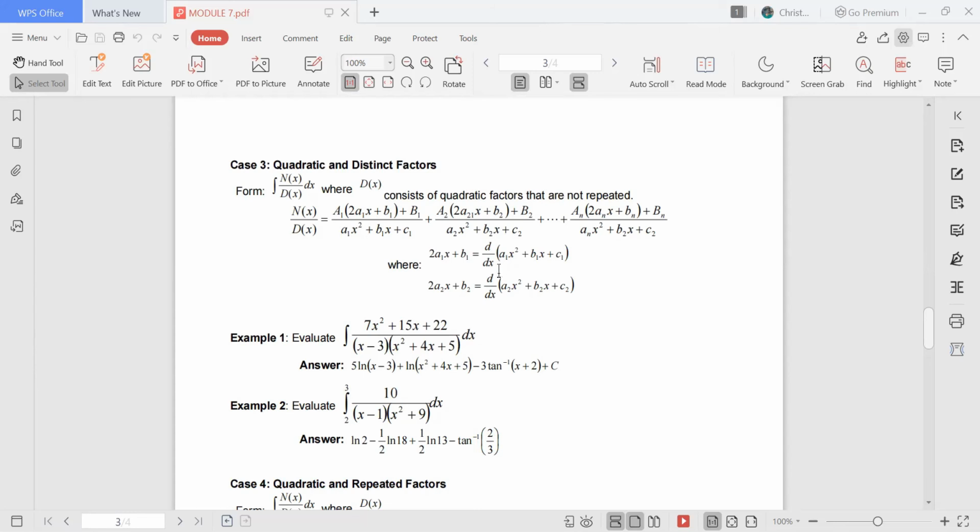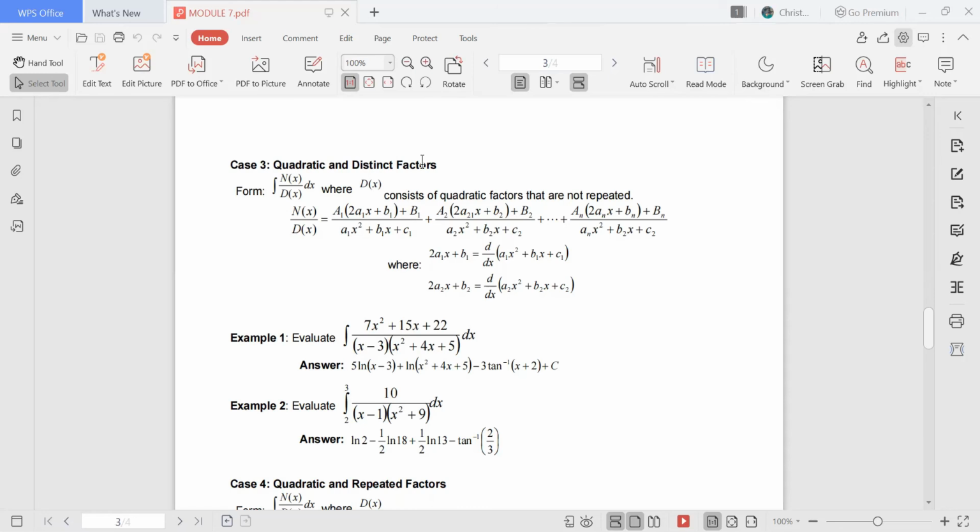Is it the numerator, the derivative of the numerator? Diba dito? Therefore, your a sub 1 plus b sub 1 here is 14x plus 15. Plus the b. Kukunin pa rin natin ang value ni a, ni b.